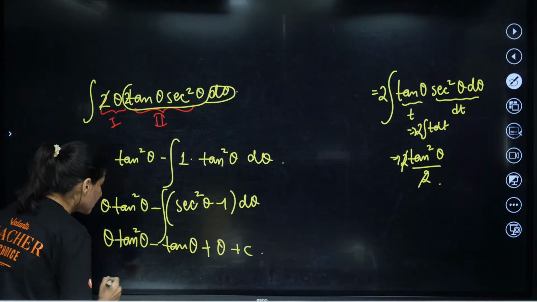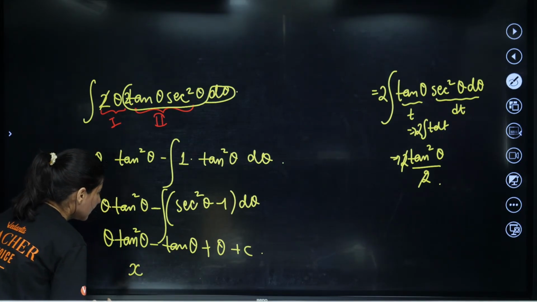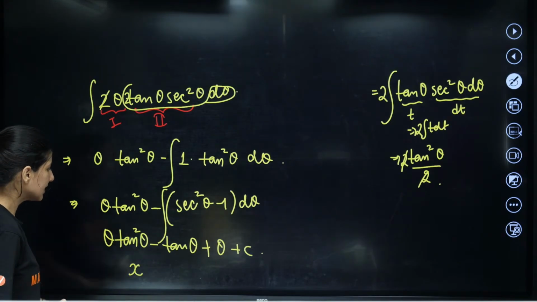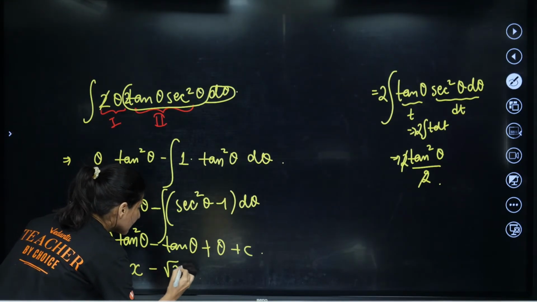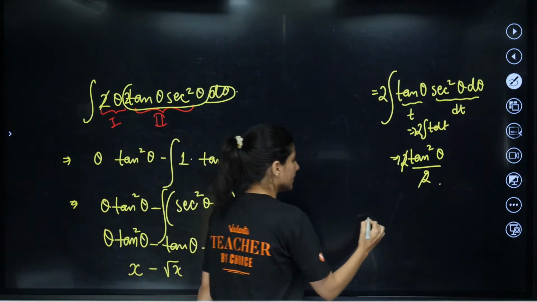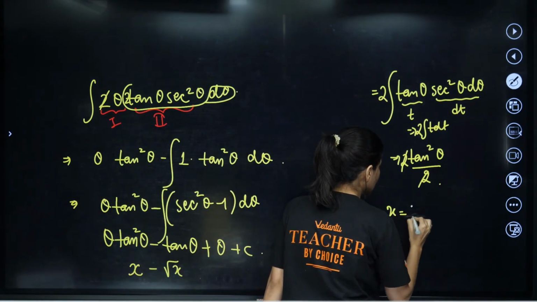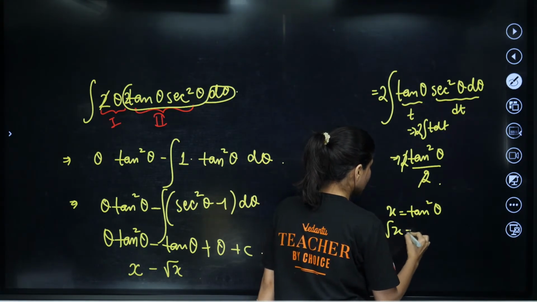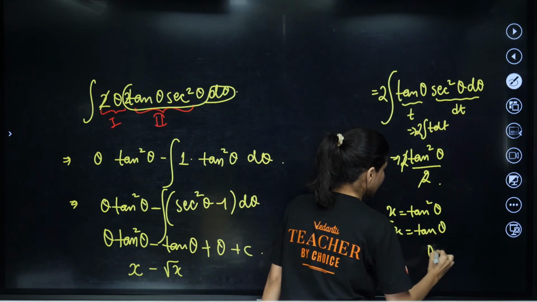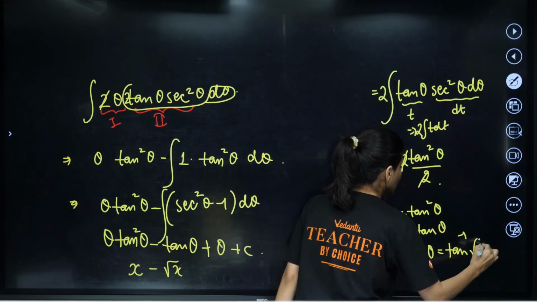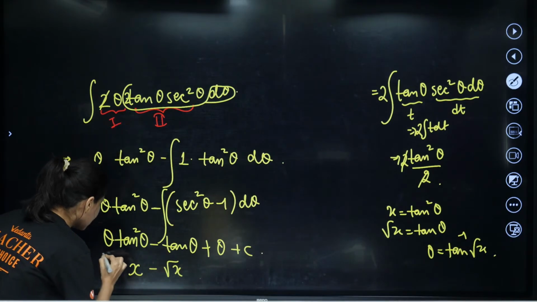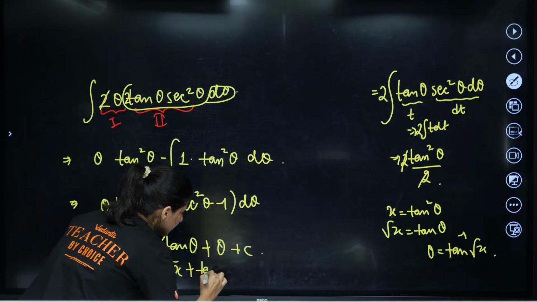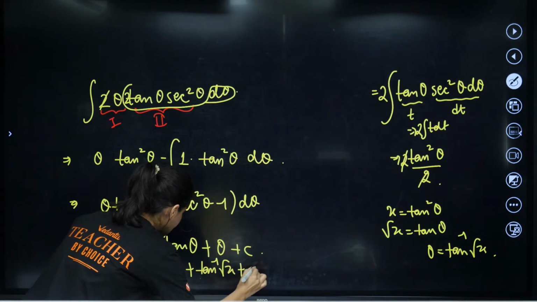So tan square theta is obviously x, because you have substituted x equals tan square theta. So this is x minus root x. What about theta? If x equals tan square theta, then root x equals tan theta and theta equals tan inverse root x. So this is theta, tan inverse root x, plus tan inverse root x plus c.